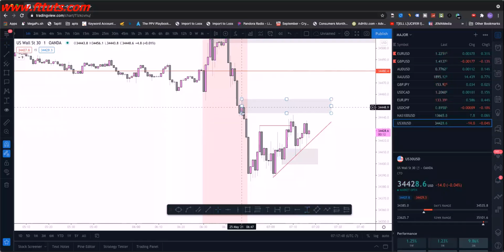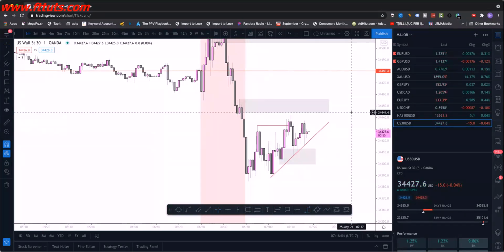The thing I don't like about these continuation blocks is sometimes they can tap into the higher end of the gap, right? So you just have to be careful. Okay.